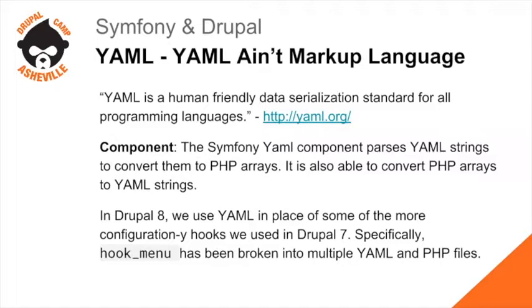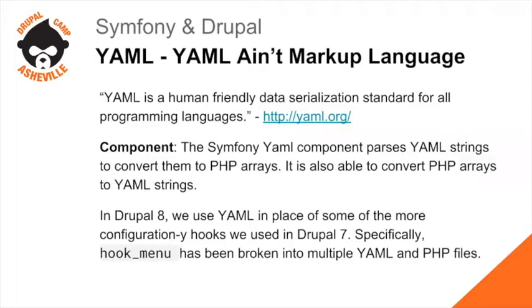So say hook block info, if you've ever written a custom block, was just a hook where you return an array that's got some words in it. And that defines a new block. Hook menu is an array, you return an array with like a path and a callback.